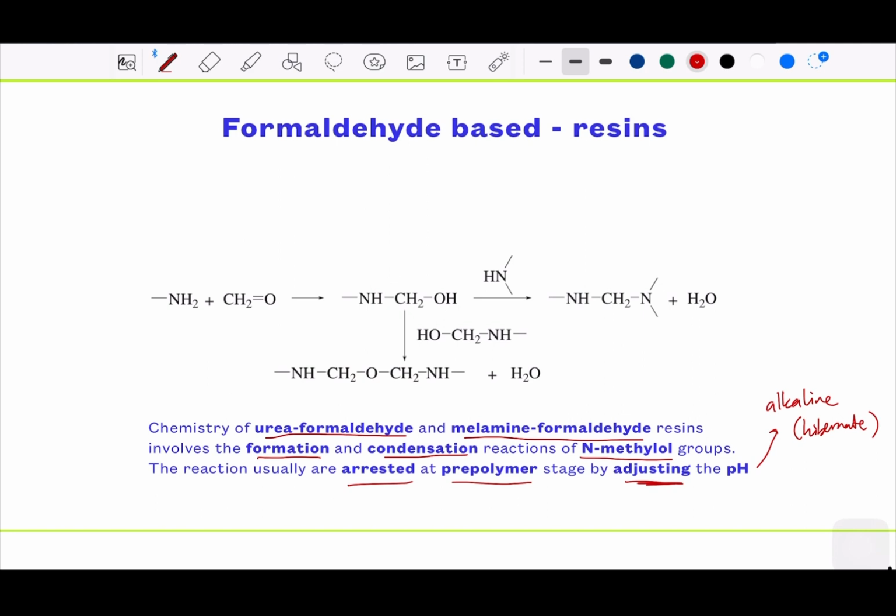And then, as usual, we can blend these pre-polymers with fillers, colorant, hardener, and others if we have.